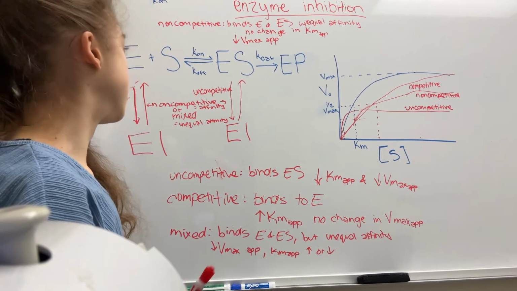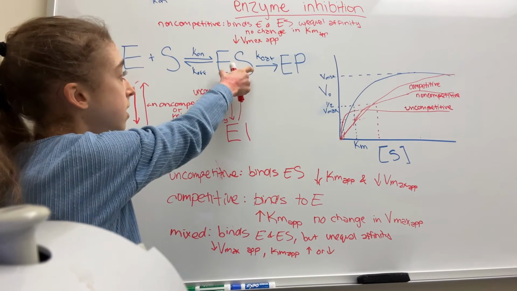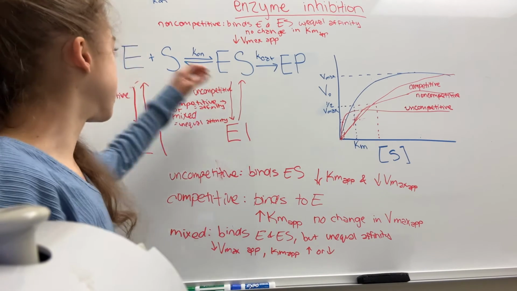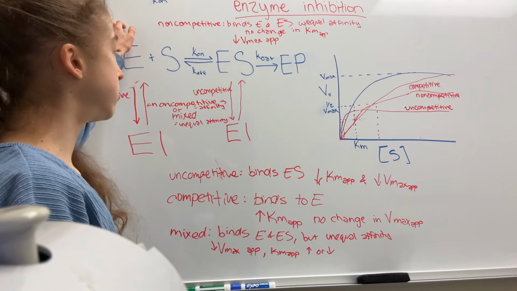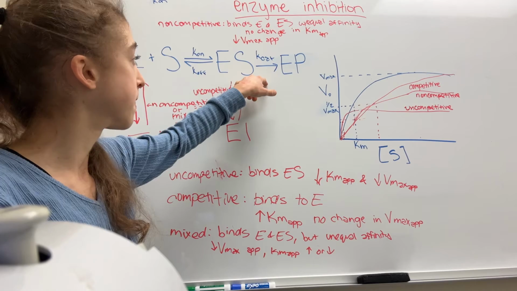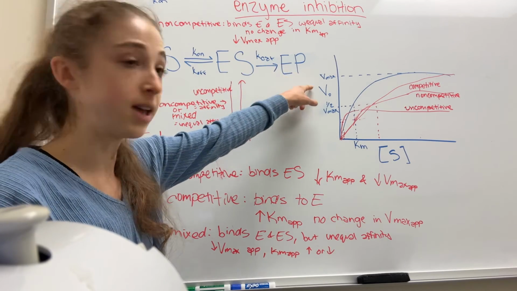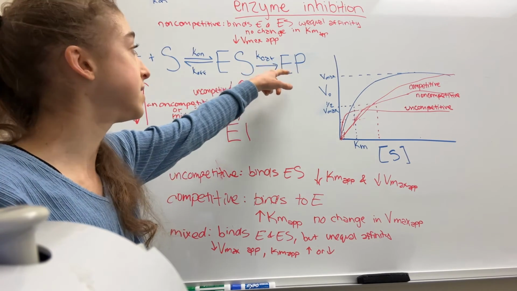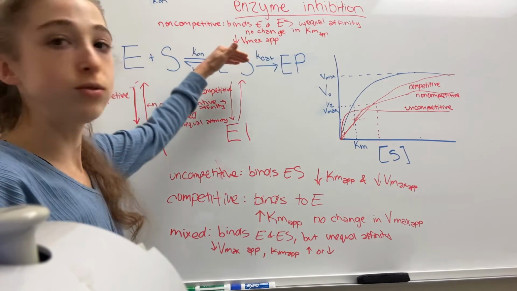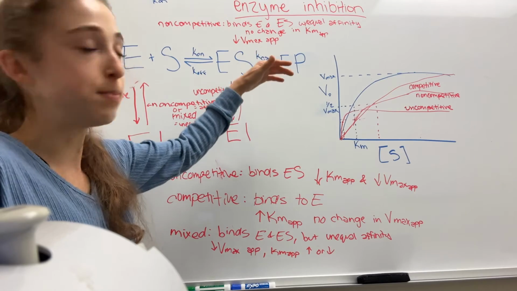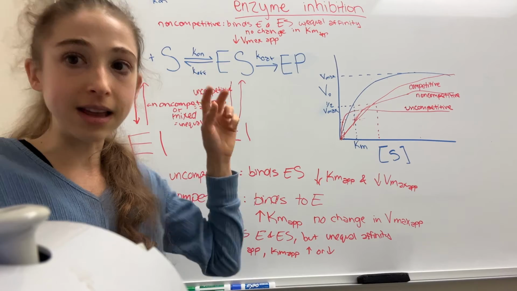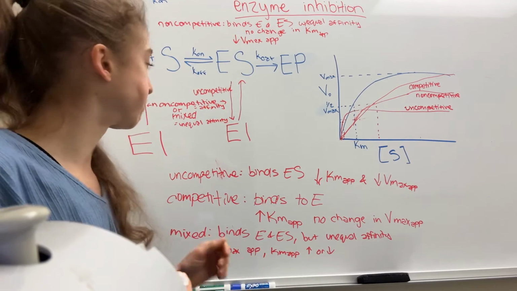In the case of an uncompetitive inhibitor, it's going to bind to only the enzyme substrate complex. So our competitive inhibitor bound to the enzyme alone. Our uncompetitive inhibitor binds to the enzyme substrate complex and prevents it from turning into product. That's going to have the effect of lowering our Vmax apparent, and it's going to lower our Km apparent because it's pulling this out, driving this forward, increasing what looks like the affinity.